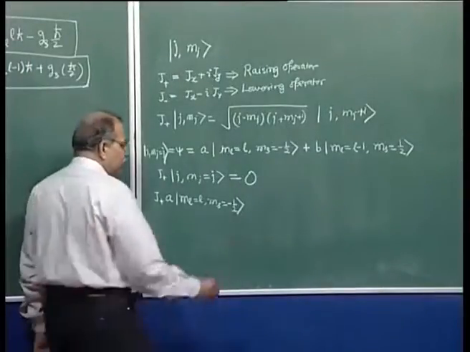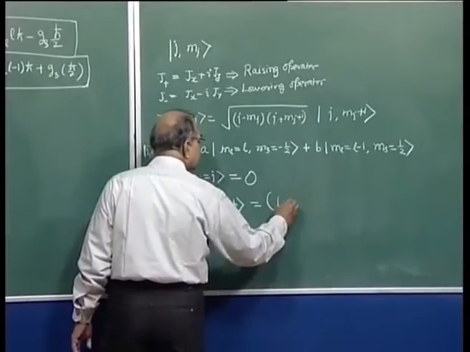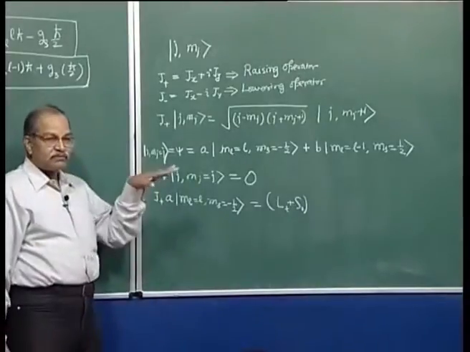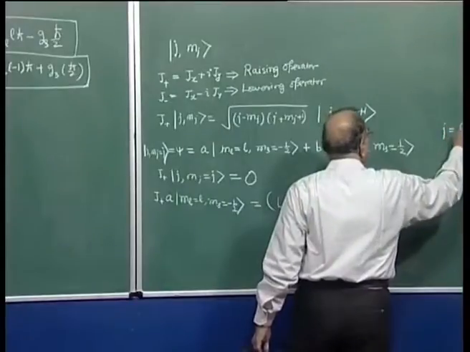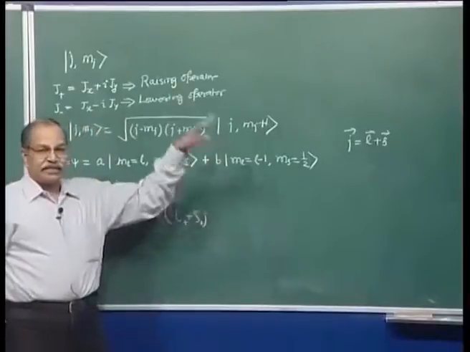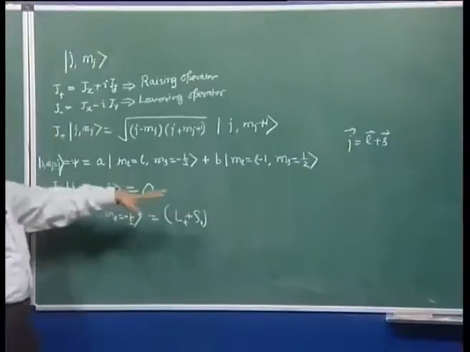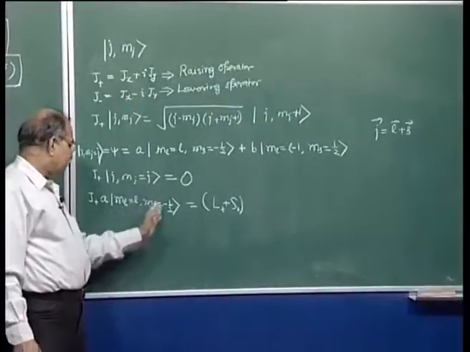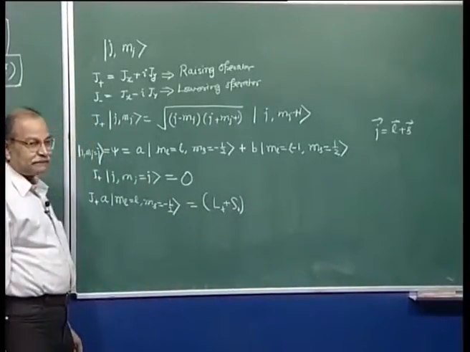Okay. Now, j plus is L plus plus S plus, because j is coming from L plus S, right. So jx is Lx plus Sx, jy is Ly plus Sy, and therefore L plus, L minus and S plus everything will combine similarly. So j plus will be L plus plus S plus.